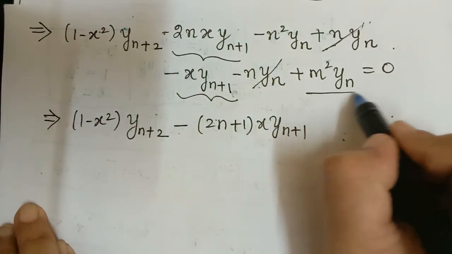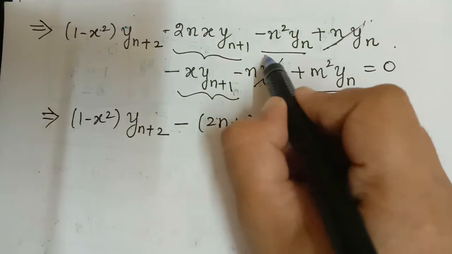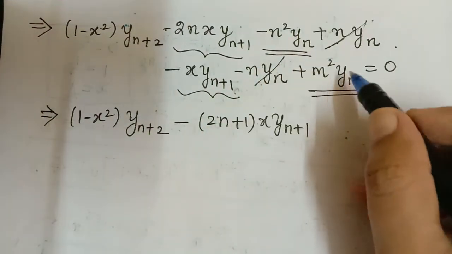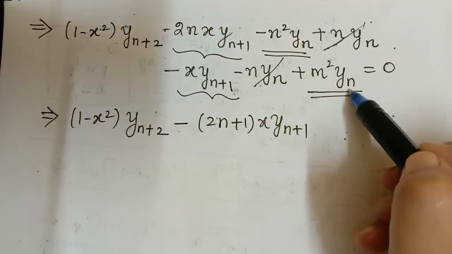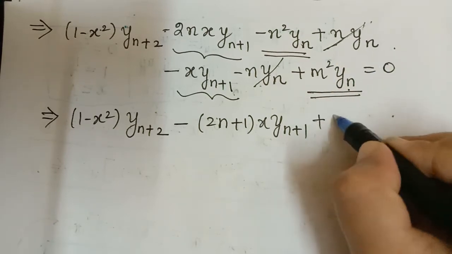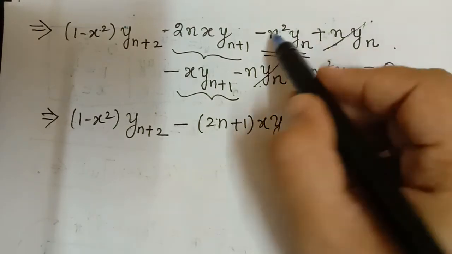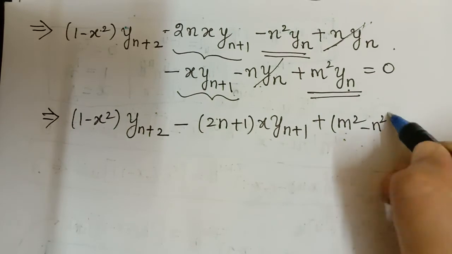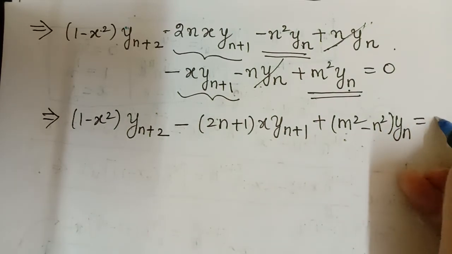And then if you see here, these are the two terms that we have, and we check that yn is common in both the terms, and so we will be having m squared minus n squared yn equal to 0.